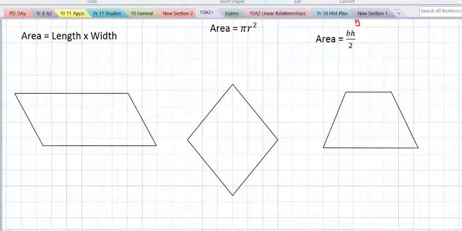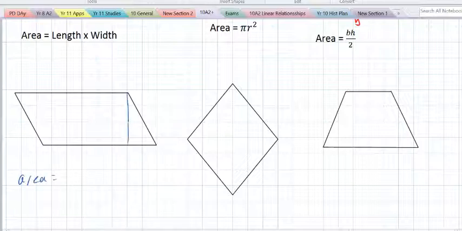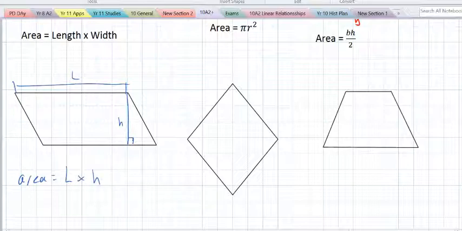Now, these ones you may not know by heart. Parallelogram. How do you find the area of a parallelogram? Just length times height. For a parallelogram, it's the length of one of the longer sides times the height, or the distance between those sides.